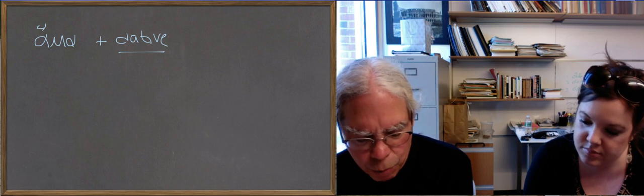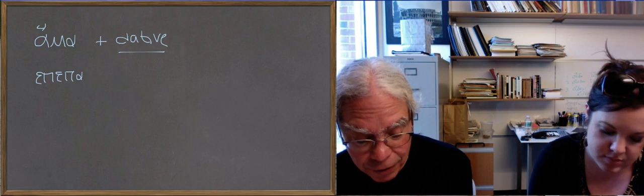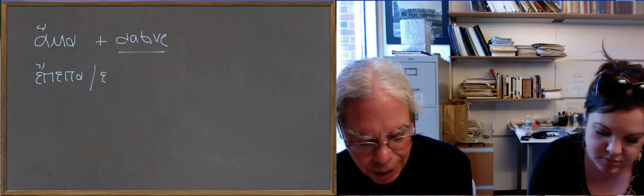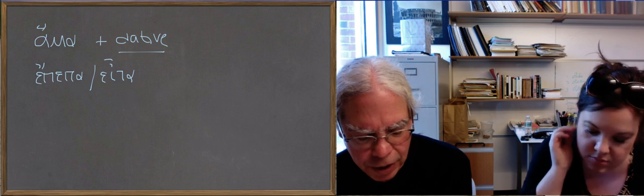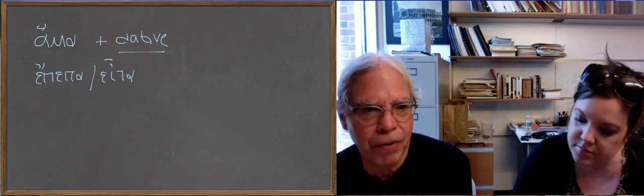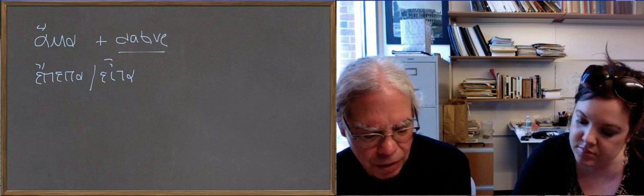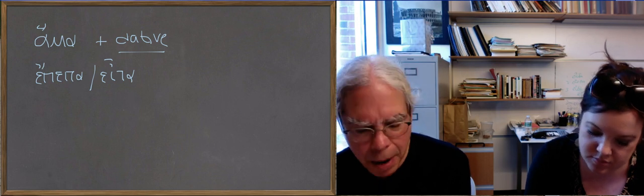We get this really defective verb, the verb heko, that has only what the book lists out as a present and a future, and it has a perfective meaning. In the present, it means I have come, and in the future, hekso, it means I will have come, okay?